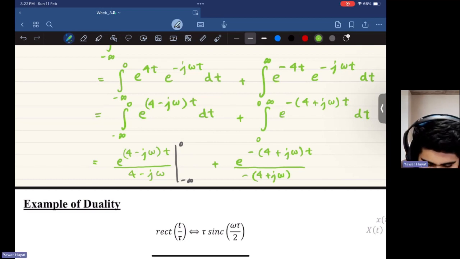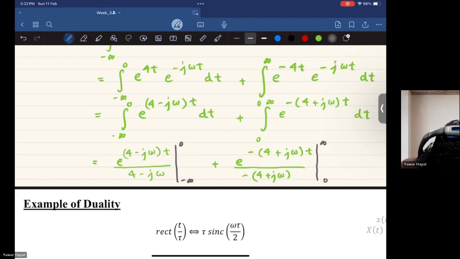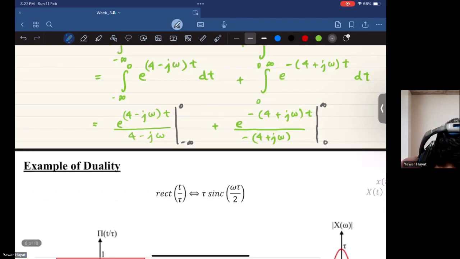Because the coefficient of t is this minus times 4 plus j omega. And the limits would be from 0 to infinity.